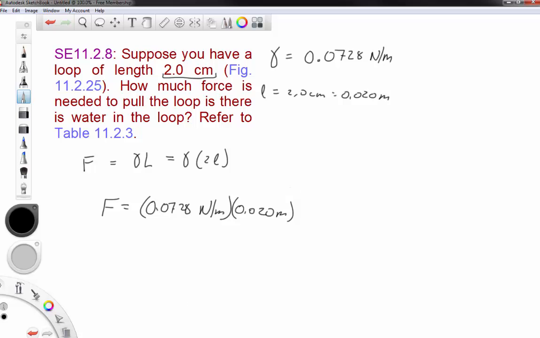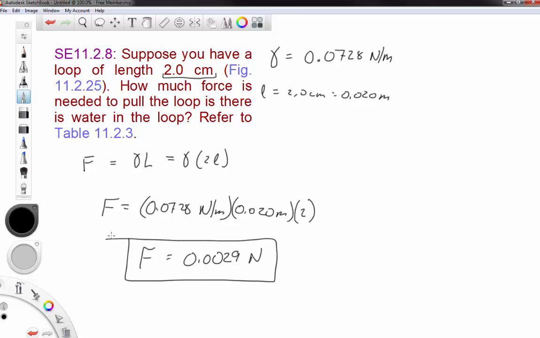And so what that gives us is a total force of 0.002912. So the force is about 0.0029 newtons. So that's how much force you'd need to pull with in order to pull the loop along. Again, assuming that the loop is on a frictionless track.